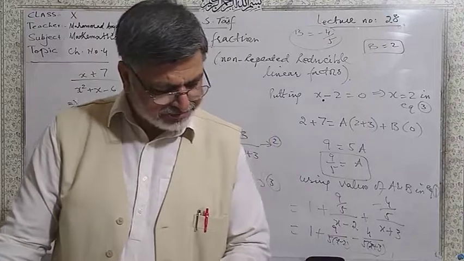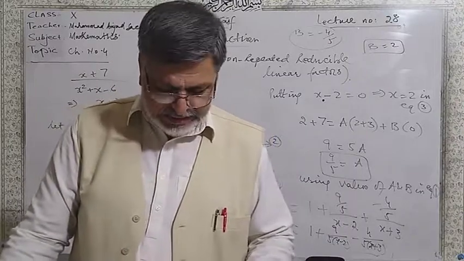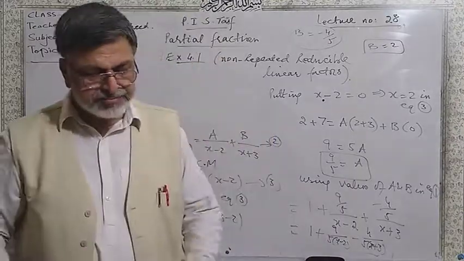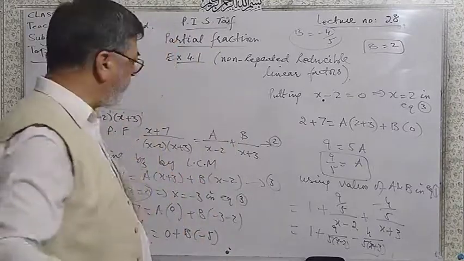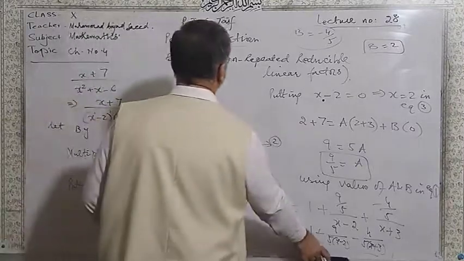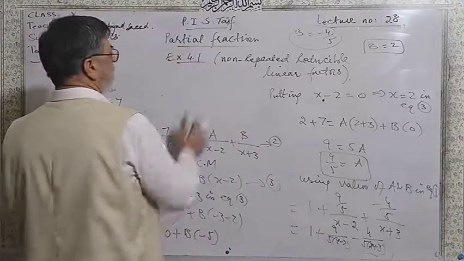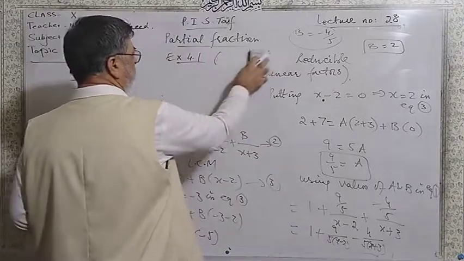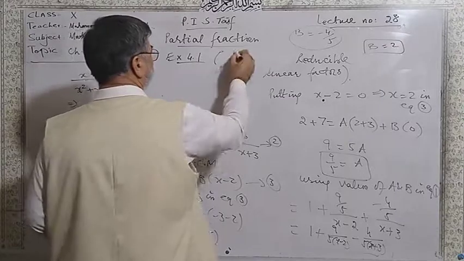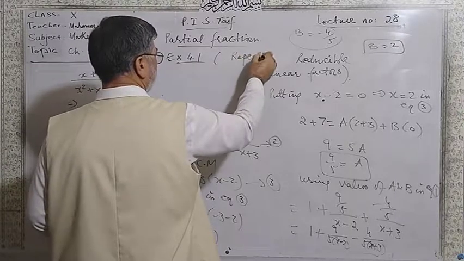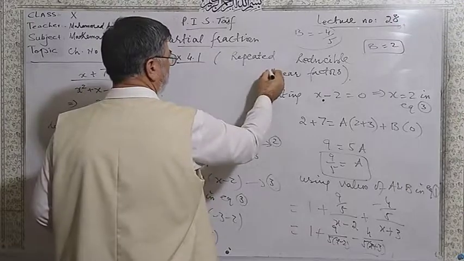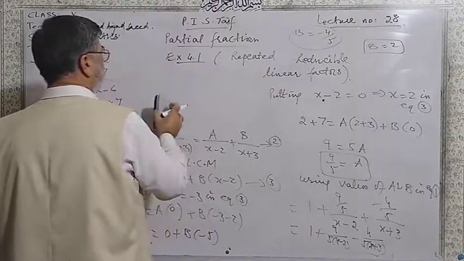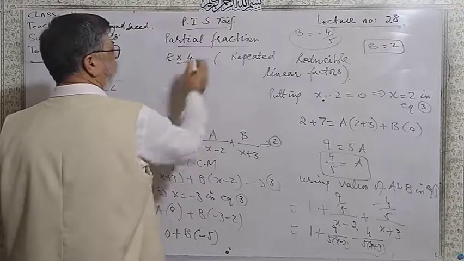After that, exercise 4.2. In exercise 4.2, we have repeated reducible linear factors. This is 4.2.